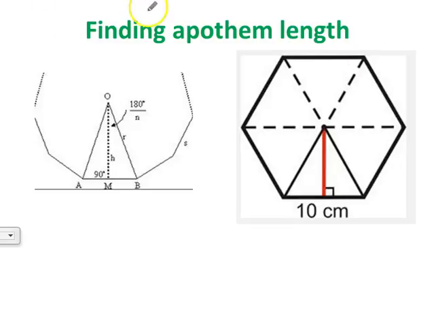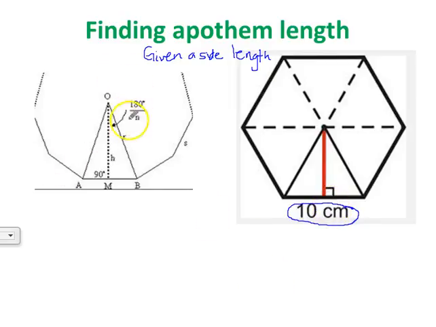So if you are given a side length and you need to find the apothem, this is what you're going to do. Here, I've got a regular polygon with 1, 2, 3, 4, 5, 6 sides, and the side length is 10 centimeters, and we want to find the apothem.